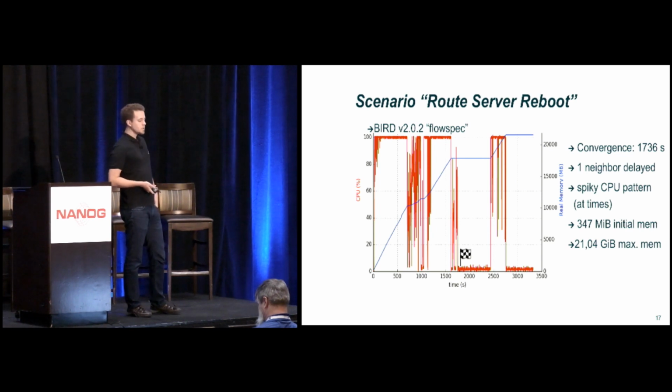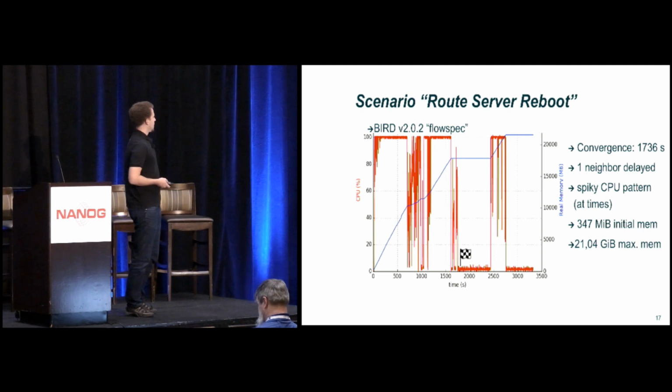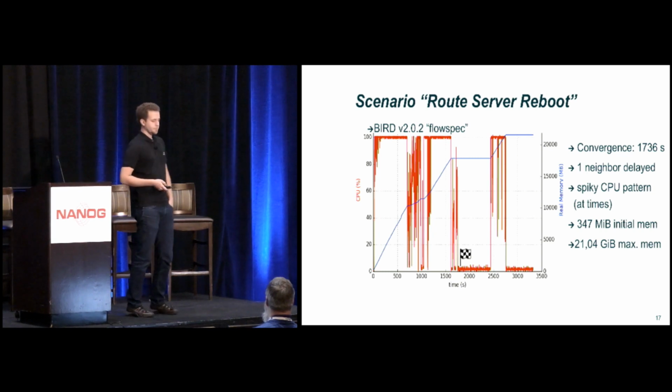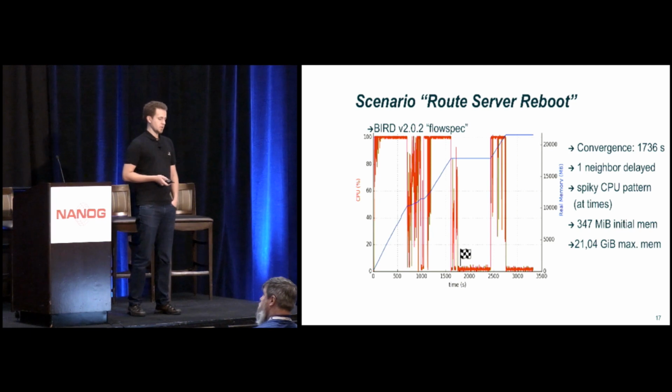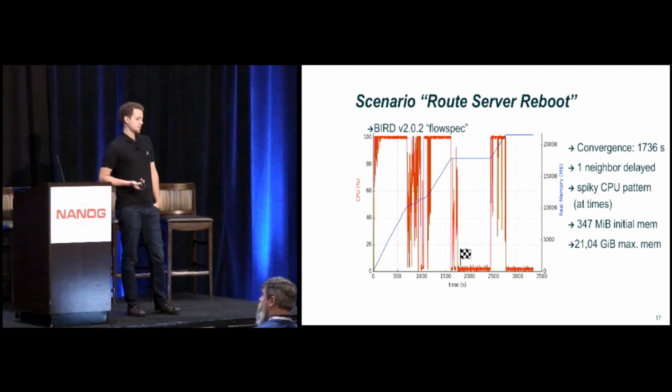But compared to other tests that we have run in the past, it looks quite good. There's one particularly large neighbor that we simulate, and this takes a bit of time. That's maybe an outlier in this evaluation. So it takes 1,736 seconds. It's quite long, but it's okay. That's the thing that we're seeing in our production platform as well.